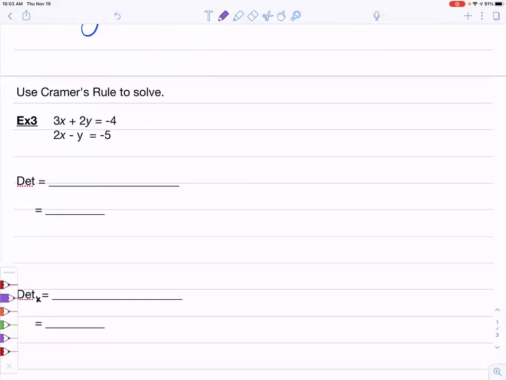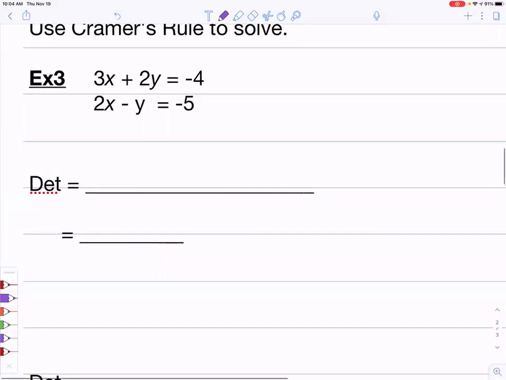All right, so according to the video, what is the matrix that I'm looking for first? In order to get the original determinant, what matrix am I looking for first? Coefficients. Okay, so let's take this specific example then, and let's write down what that would be.